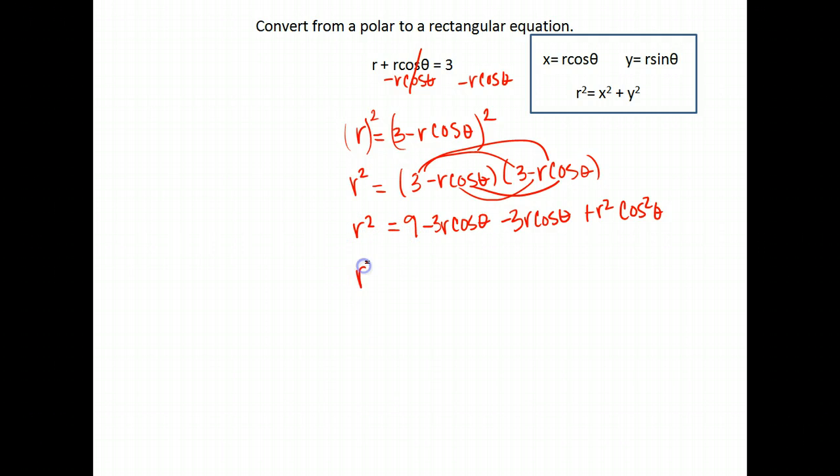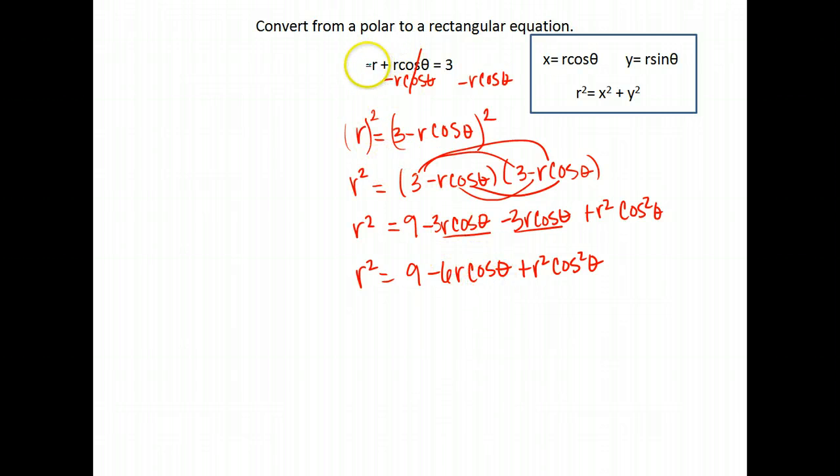Well, let's simplify a little bit. So I do have these like terms I can add together. -3 and -3 gives me a -6r cosine theta, and then on the end I have r squared cosine squared theta. Okay, so now I can substitute because everything is either an r squared or has an r cosine or r sine with it.